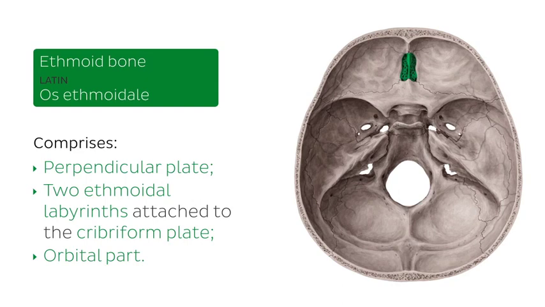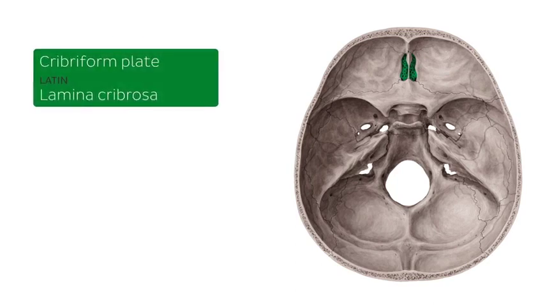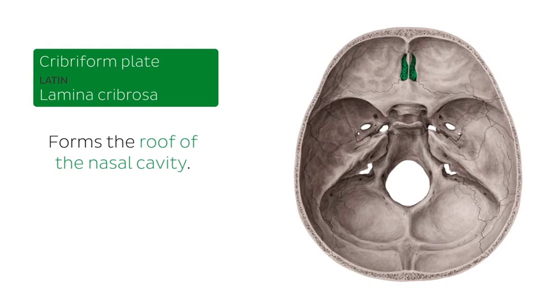One of the structures that we can see here, and we're going to be highlighting, that belongs to the ethmoid bone is the cribriform plate. It lies within the ethmoidal notch of the frontal bone, and the cribriform plate forms the roof of the nasal cavity.